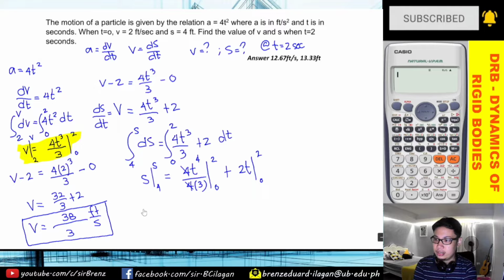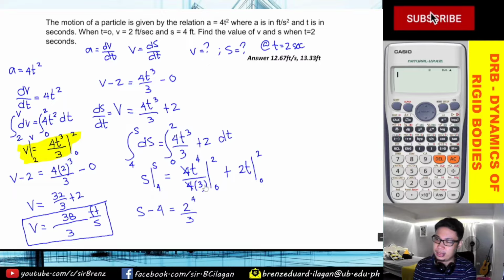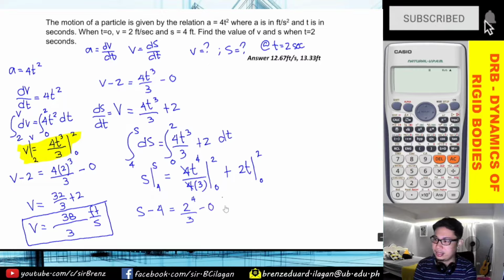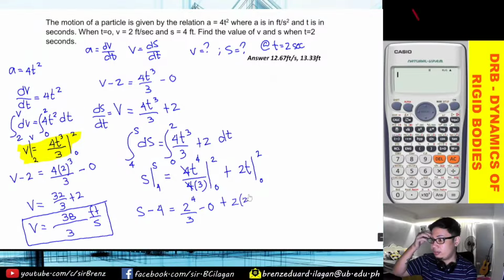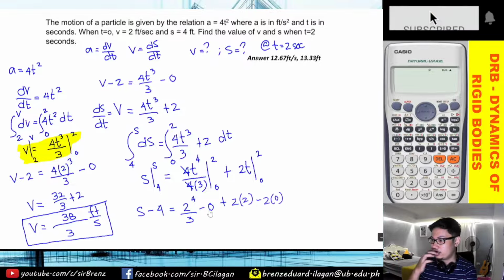Upper limit minus lower limit is equal to 2 raised to 4 all over 3, minus 0, and then plus 2 times 2 minus 2 times 0. So cancel this and this. Now let's simplify.